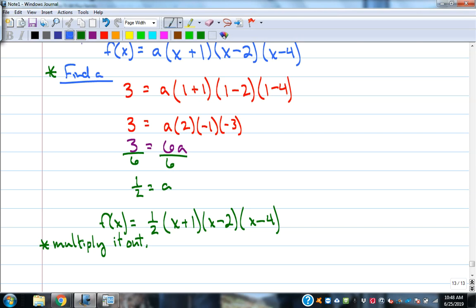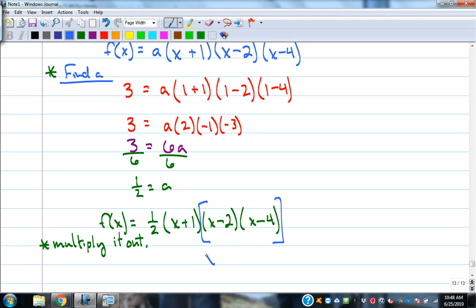Okay. So we're going to take x plus 1, x minus 2, and x minus 4 and multiply them out. It doesn't matter what order you do that in, but I'm going to take these two first and multiply them together. So x minus 2 times x minus 4.